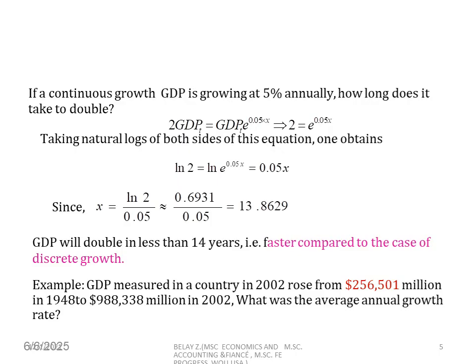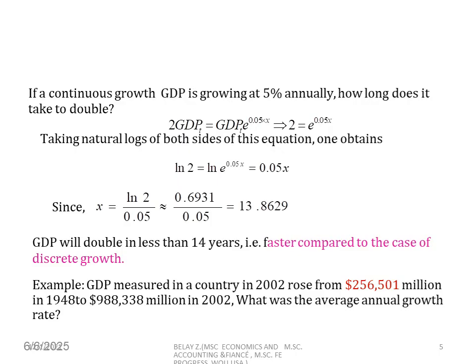The frequency is fast, and continuous growth is faster compared to the case of discrete growth. In discrete growth, we need around 40 years and some months. Under the continuous, we need to double our GDP in 13 years or so.